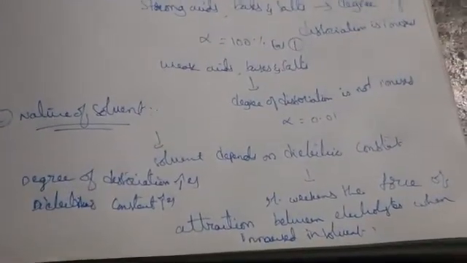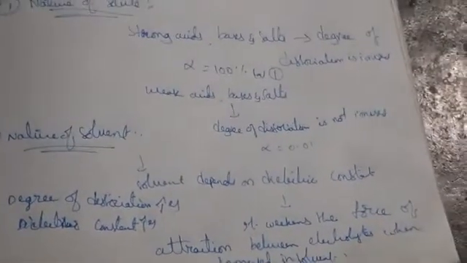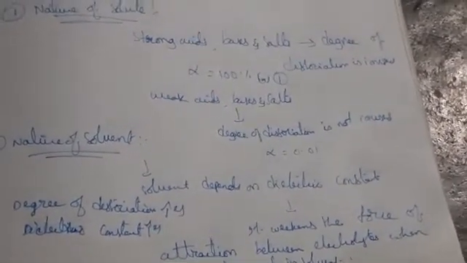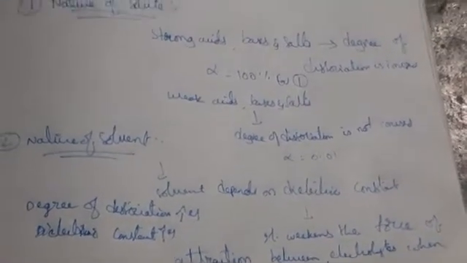If you compare solute and solvent, the solvent molecules will be more than the solute molecules. Also, if temperature increases, the dielectric constant value increases, so it also depends upon temperature.